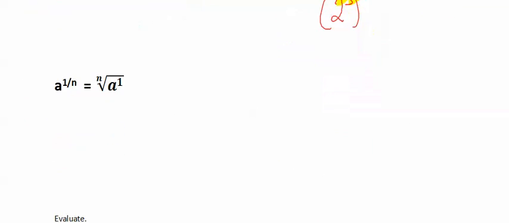Therefore, this is where that property comes in. You can write a fractional exponent as a radical. We're going to be taking a look at quite a few quick examples of how you evaluate using these and how you can simplify them.